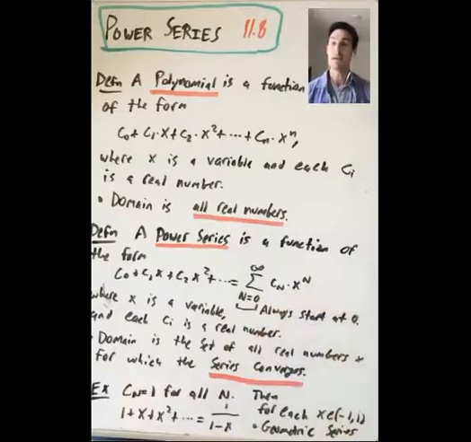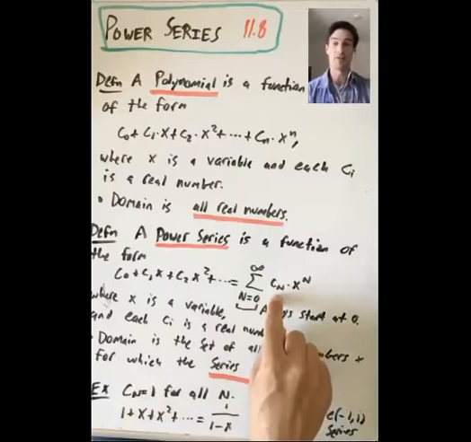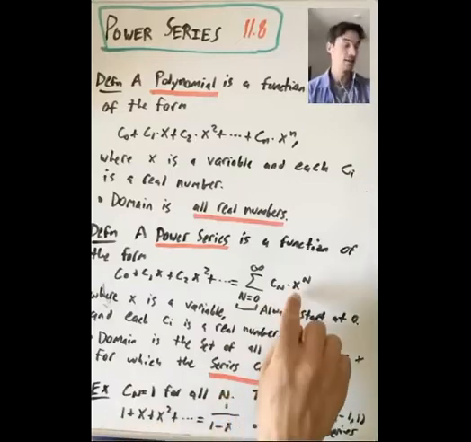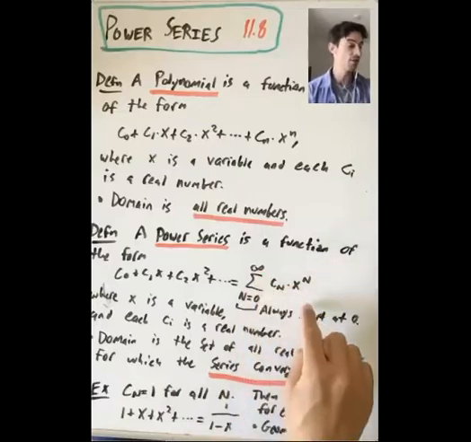So the main example that we're going to start with is something we've been seeing since the beginning of our discussion of series. If you let cn be equal to 1 for every n, then what do you get? You get 1 plus x plus x squared plus x cubed plus x to the fourth plus, just a sum from n equals 0 to infinity of x to the n.